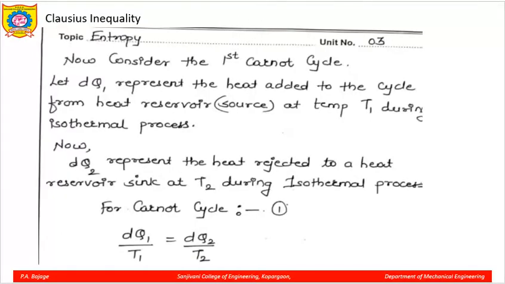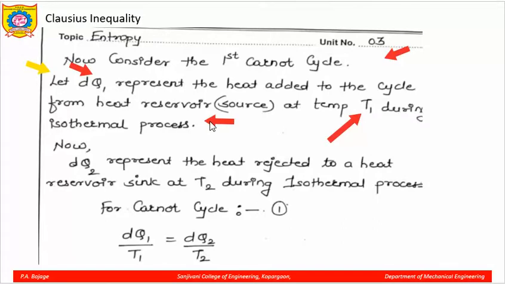Now, let us consider the first Carnot cycle. The first Carnot cycle is A, B, C, D, in which dQ1 represents the heat added in the cycle from the temperature reservoir T1. Here you can see T1 for an isothermal process.